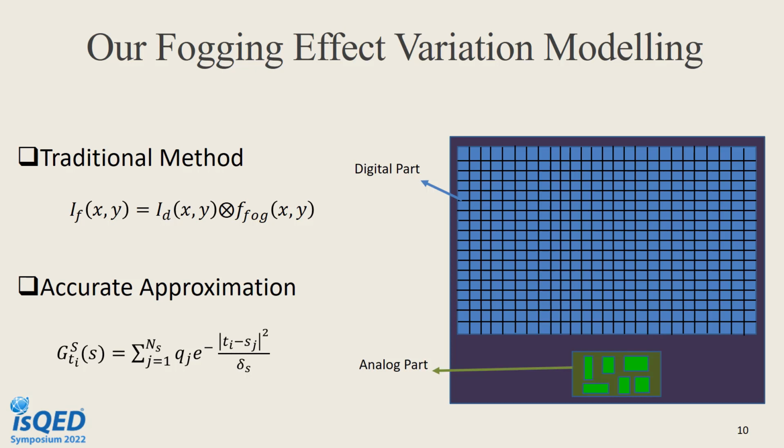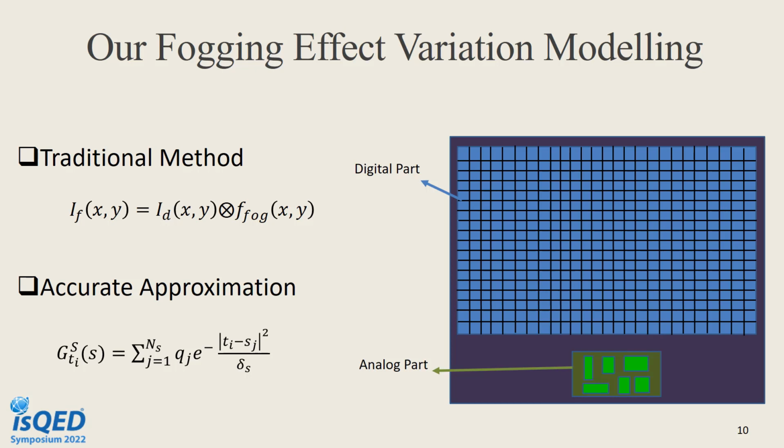This convolution is so time consuming, so we use another method, an accurate approximation for calculating the fogging effect. It is called the fast Gauss transform.